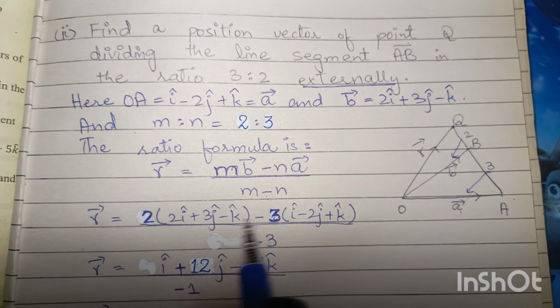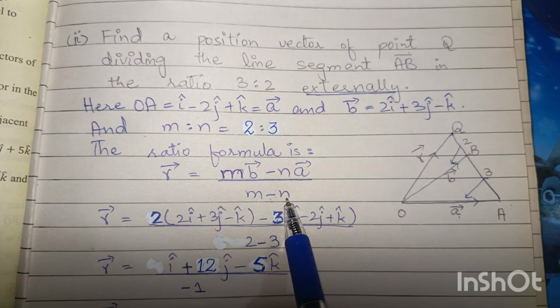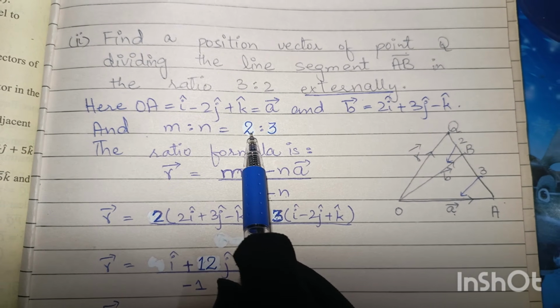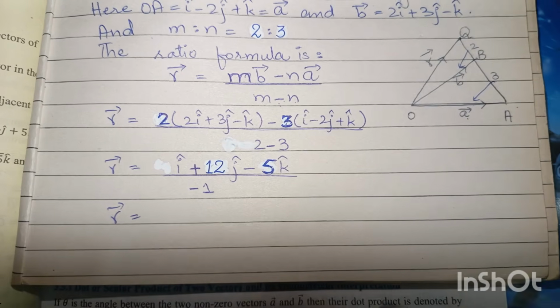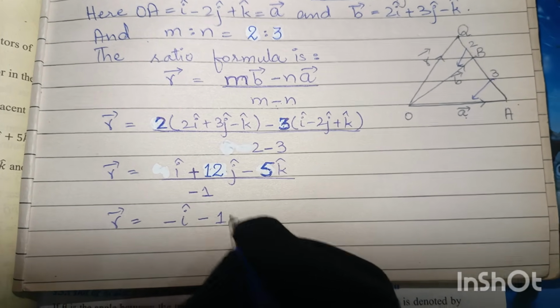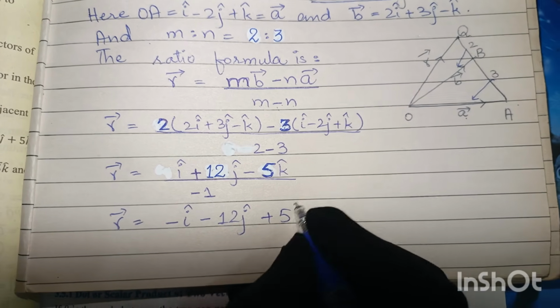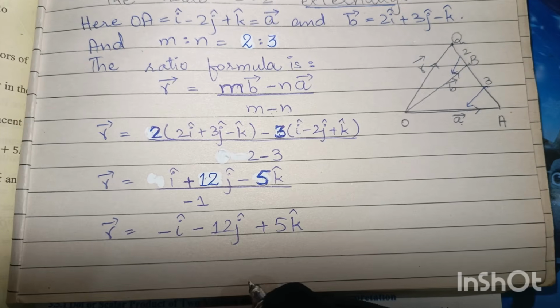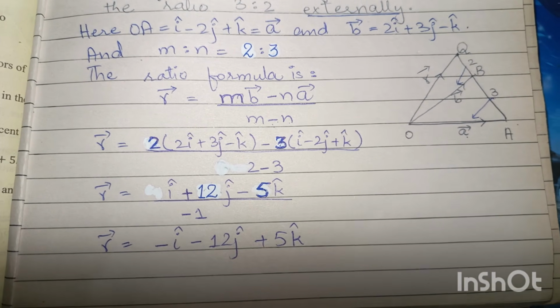And here I have solved this question: mB minus nA divided by m minus n. m is 2 and n is 3. So after simplification, the answer is minus i minus 12j plus 5k. So this is the required answer, required vector, position vector of point Q.